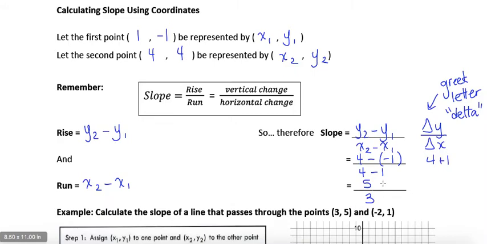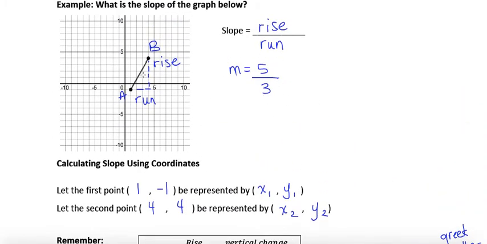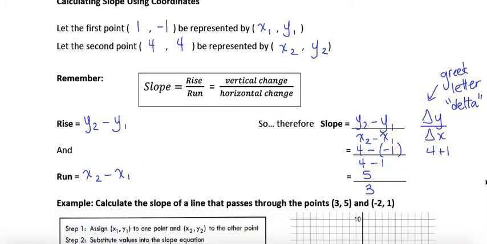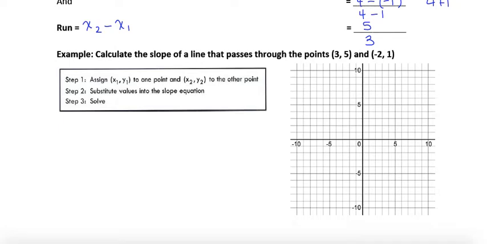So you'll notice that using our slope formula gives us the same slope as if we were to figure out our slope graphically. Let's go through another example. So we have the points 3, 5, and -2, 1.